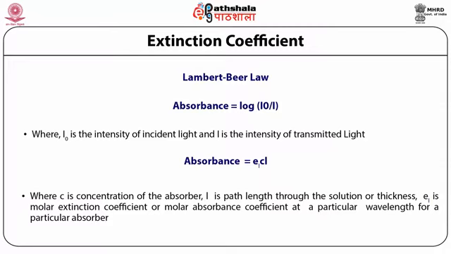Lambert Beer Law defines absorbance as a log ratio of the intensity of incident light to the intensity of the transmitted light.